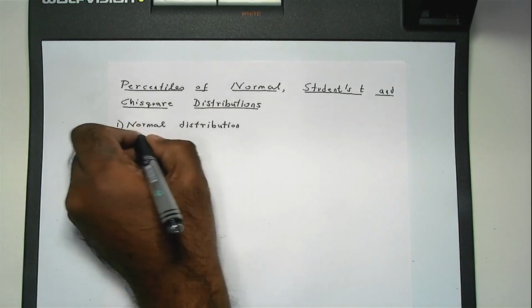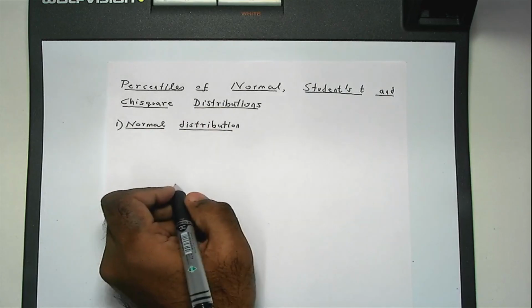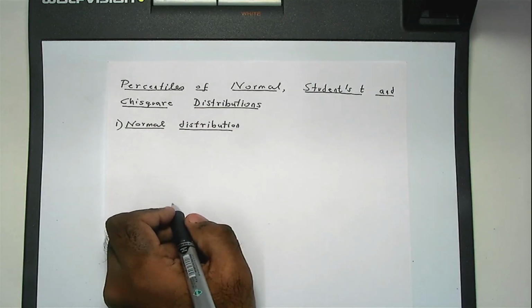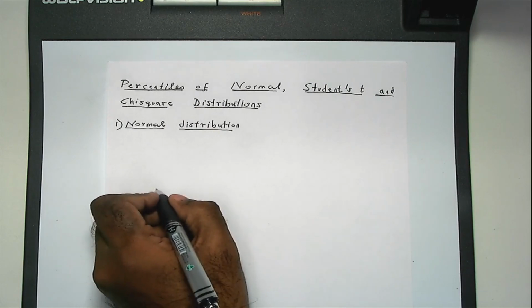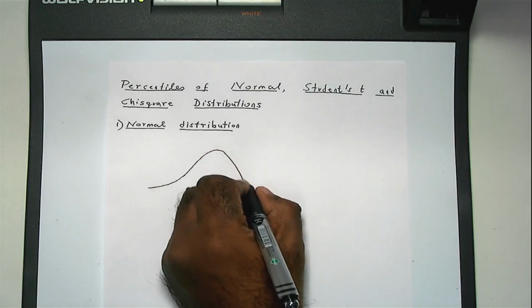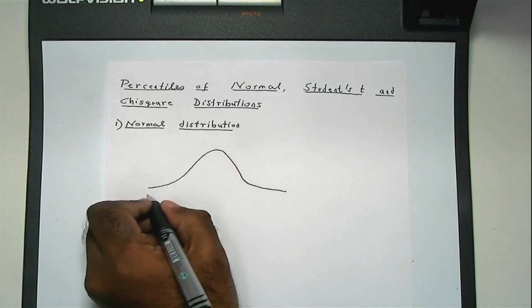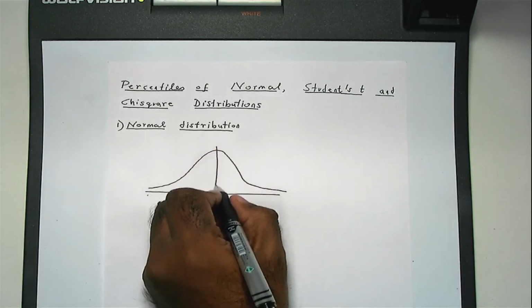And as you know, let's take the standard normal distribution. For the standard normal, the density, I'm sure all of you know this, the density of the standard normal looks like this, right?